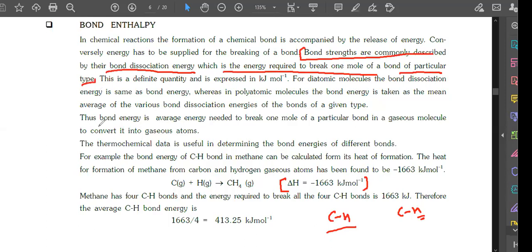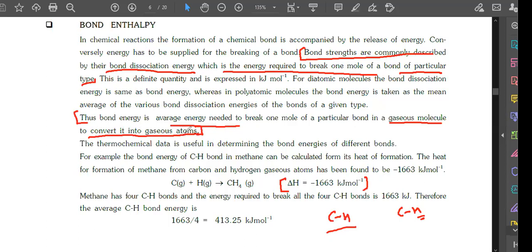So in nutshell, you can say it is average energy needed to break 1 mole of particular bond in a gaseous molecule, to convert it into gaseous atoms, as simple as that. Got it, everyone? Tell me, got it? Bond energy, right? Everyone got this?